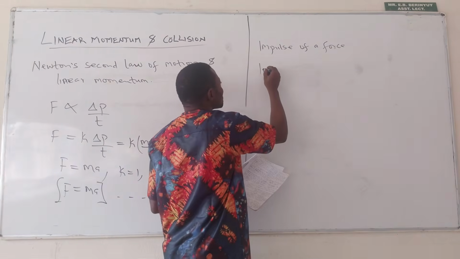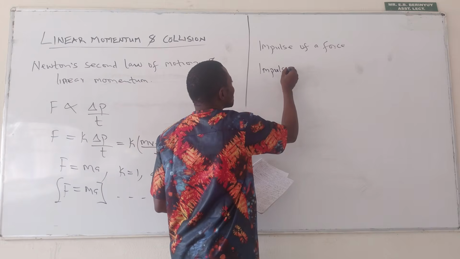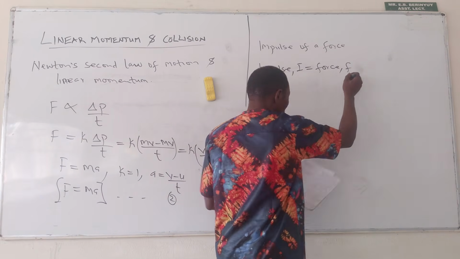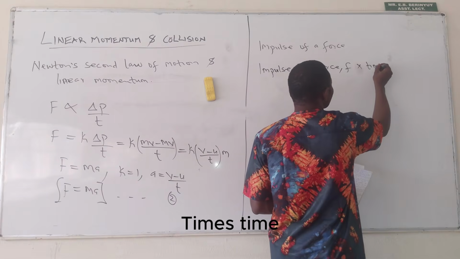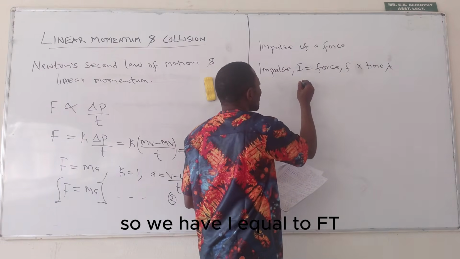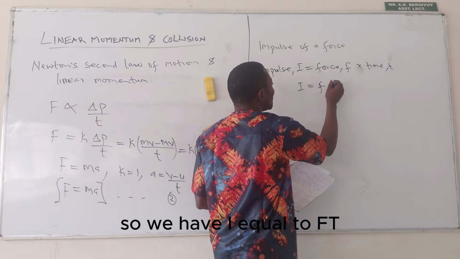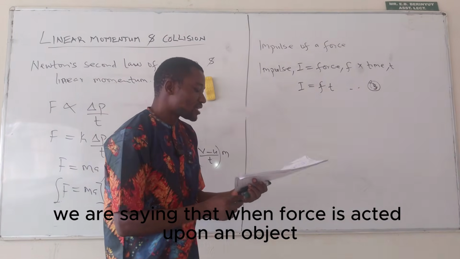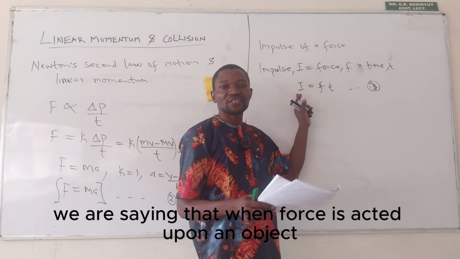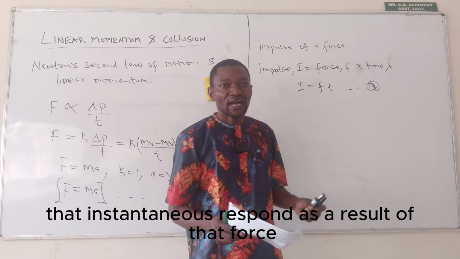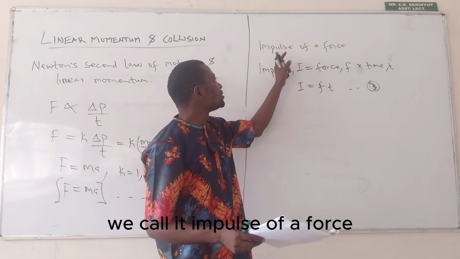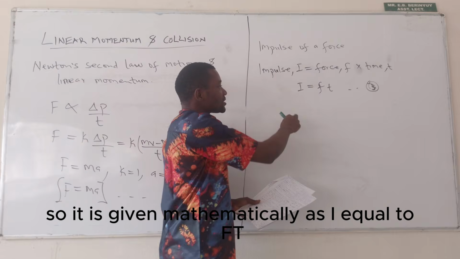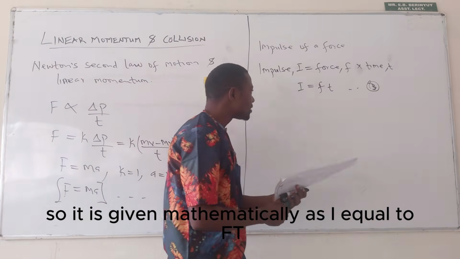So impulse I is equal to force times time. So we have I equal to Ft. Let's call this equation 3. So when a force acts upon an object, that instantaneous response as a result of that force, we call it impulse of a force. It is given mathematically as I equal to Ft.